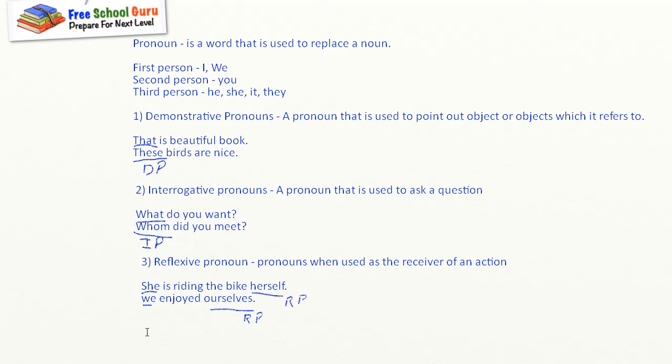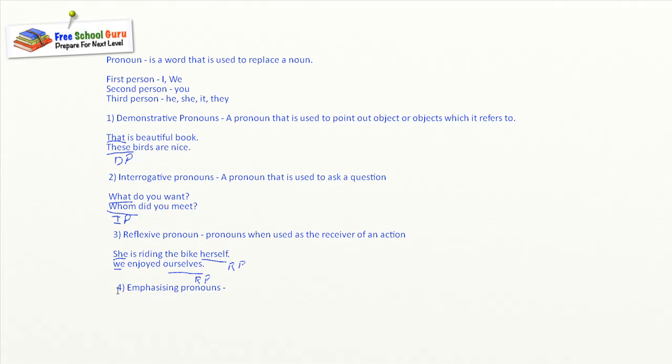What's the next one? The next one is called emphasizing pronoun. Emphasizing pronouns. A pronoun that is used to convey emphasis is called an emphasizing pronoun. For example, I myself saw him coming.